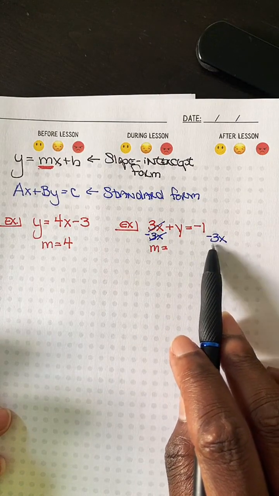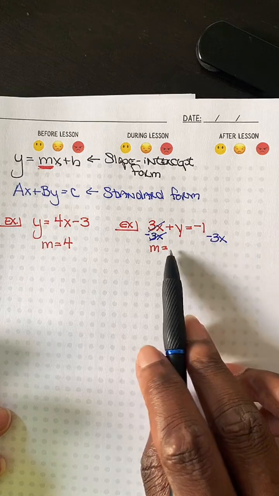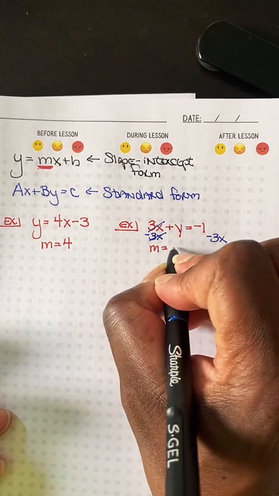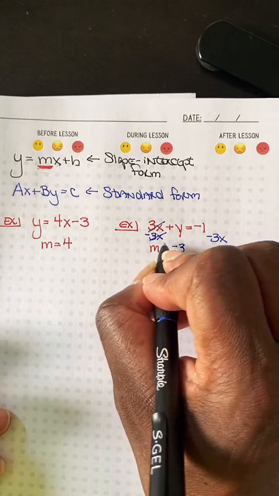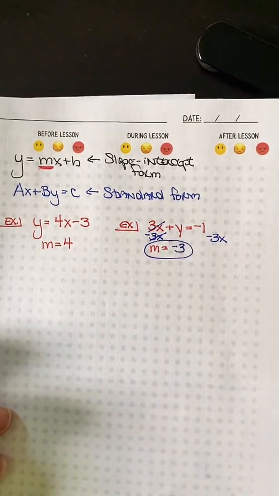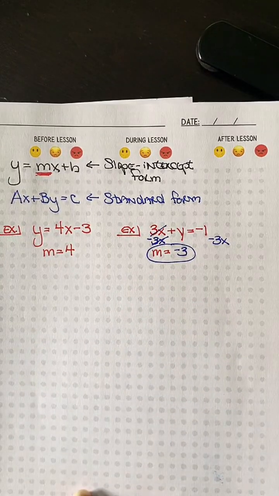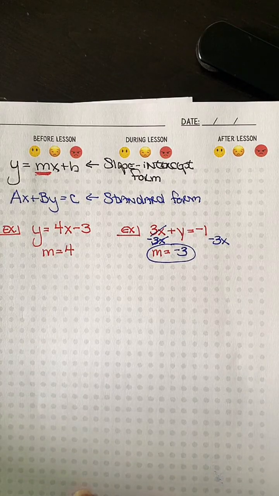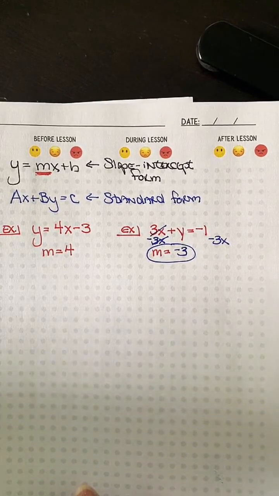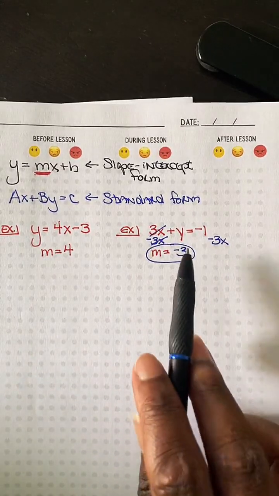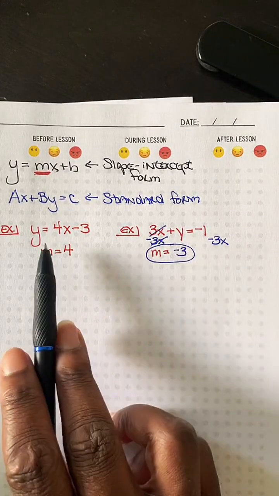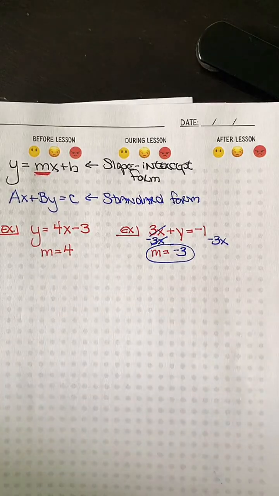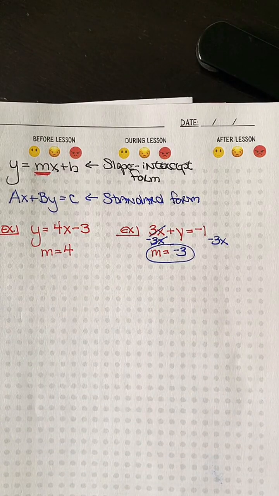So like we said, the coefficient of your x is always going to be your slope, which makes it a -3. Okay. All right. So you have to isolate before we make that judgment. Now I'm going to tell you, they are going to put 3 and -3 as some of those answer choices. So the key part is to make sure that y is by itself, just like how it was over here, before you make your judgment call.